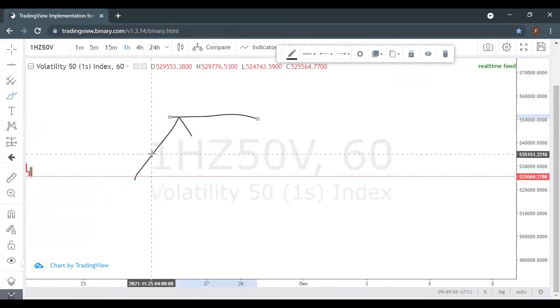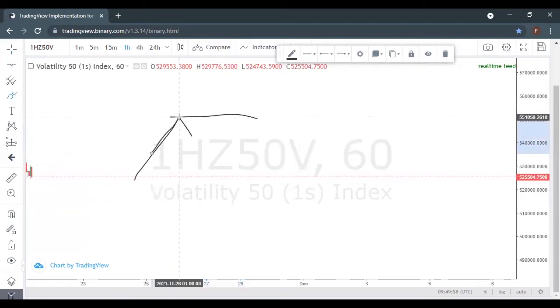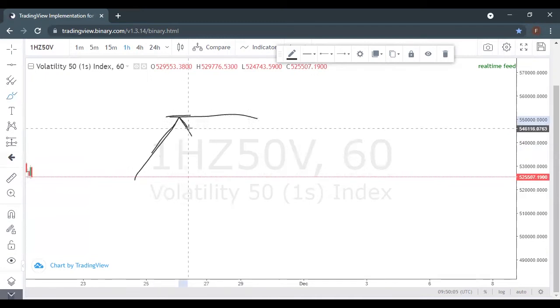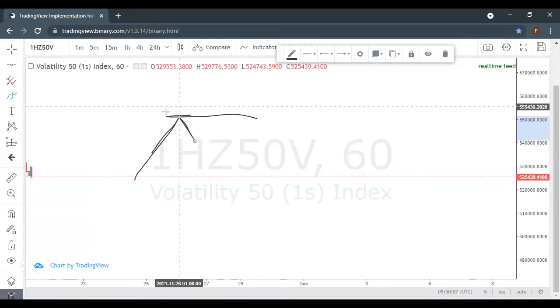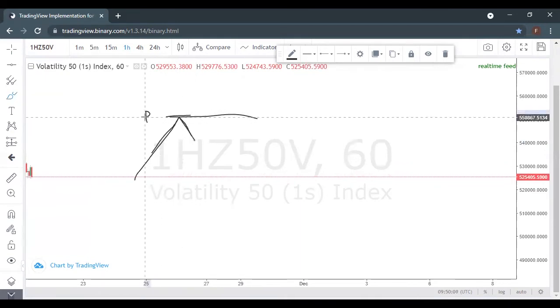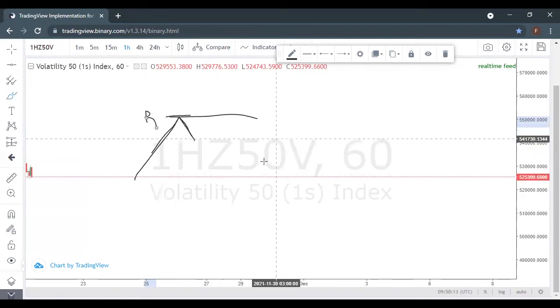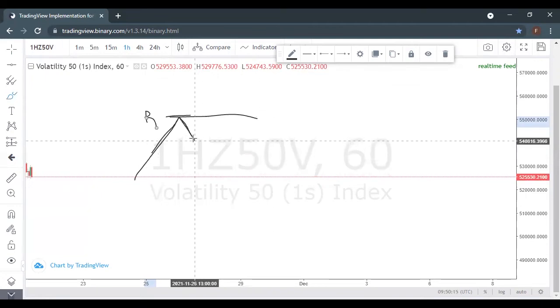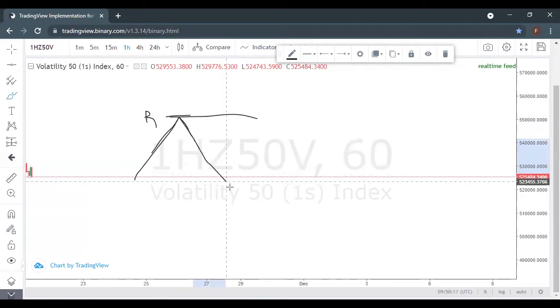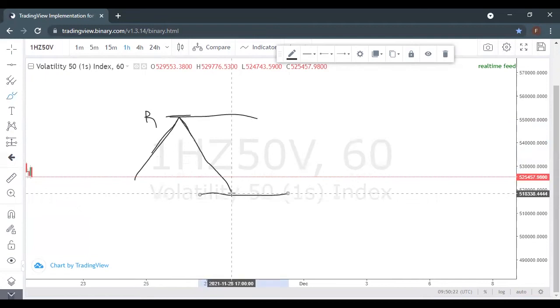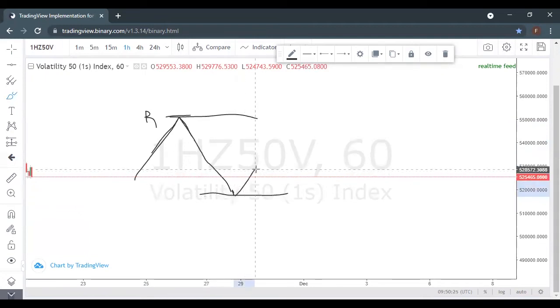So we have the market pushing to the upside, then there is a price change at this price level, then we see the market pushing to the downside. This is what we call resistance. And let's say we have the market now pushing to the downside like this, and then it reaches a level where it changes its direction instead to push to the upside.